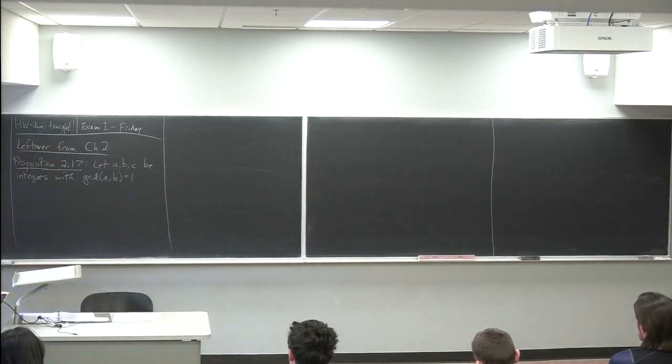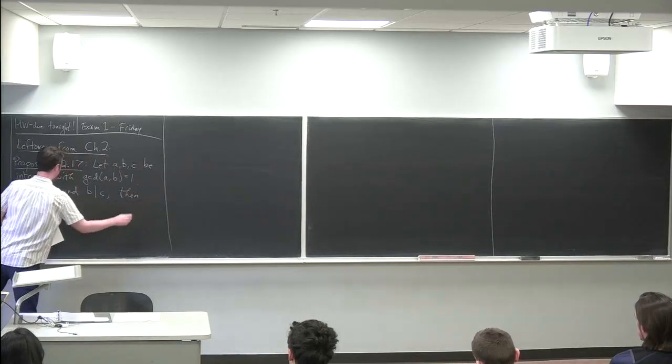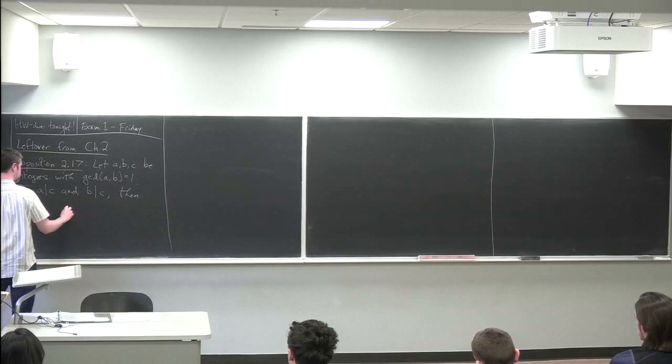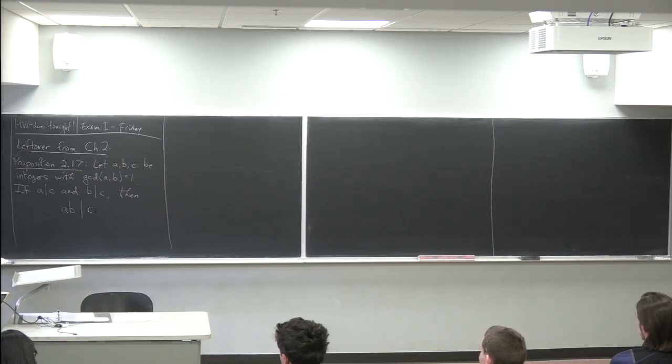Both A and B divide C. So if A divides C and B divides C, then the conclusion is that their product AB divides C.